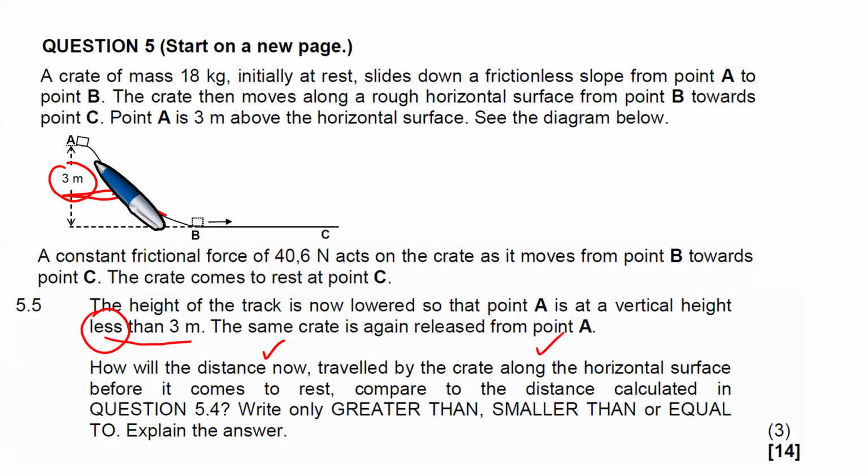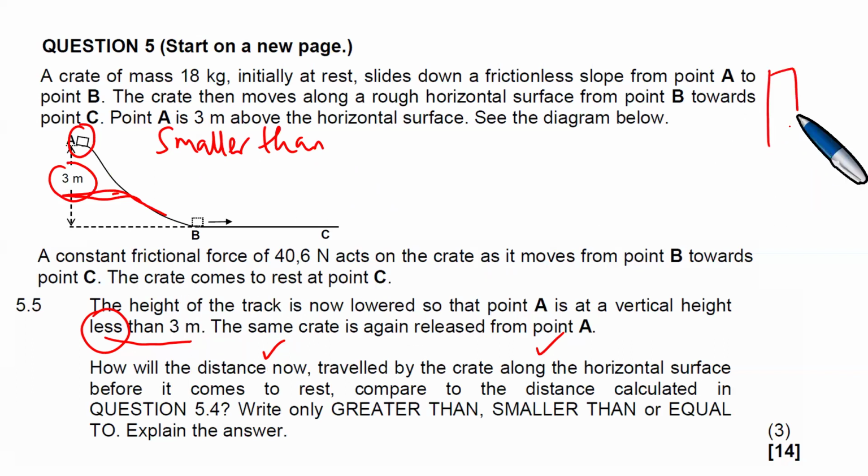Now it's going to be slower, because here it's going to be faster, because it's from the top. But if the height is lower, then it's going to be smaller than. If a building is too high and you throw something, it's going to reach the ground with a greater velocity than when the building is short. So it's going to be smaller than. Why?